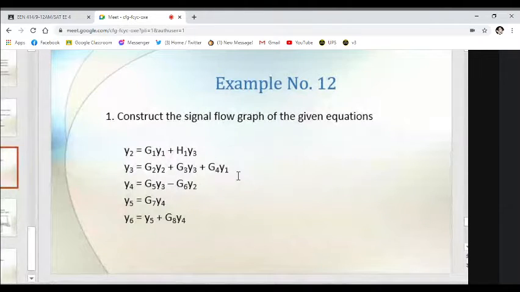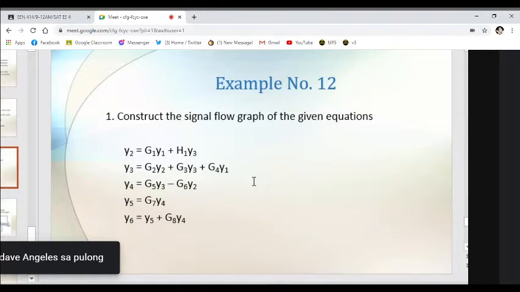Okay, so let's try to analyze example number 12. Let me write it down for the class.